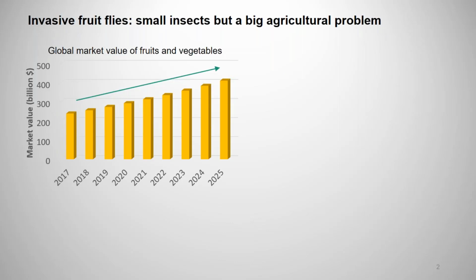So it's important for the economy that we sustain a productive system for producing fruit and vegetables. And in the developing world, fruit and vegetables are also a cornerstone in solving many of the issues associated with poverty, hunger, and malnutrition.